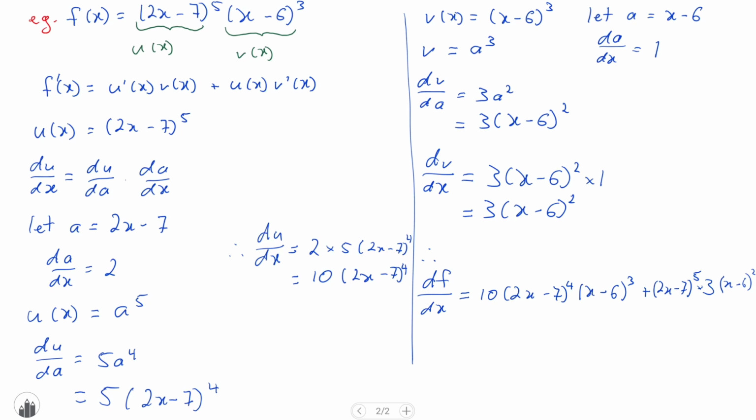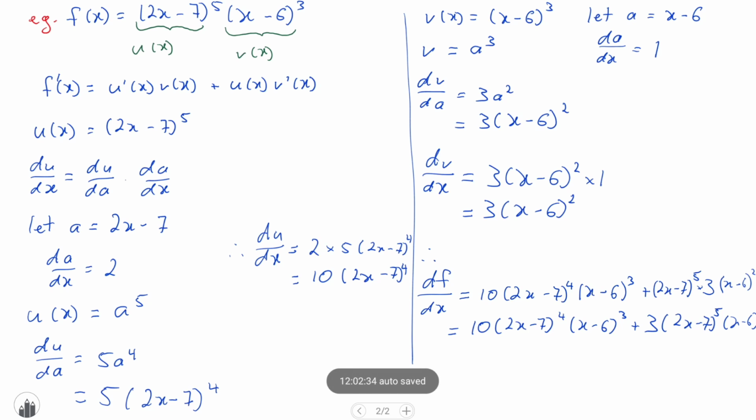And of course, technically, we're done at this point, but let's just tidy it up a little bit. So this whole thing becomes 10 times 2x minus 7 to the power 4 times x minus 6 cubed plus 3 times 2x minus 7 to the power 5 times x minus 6 squared.